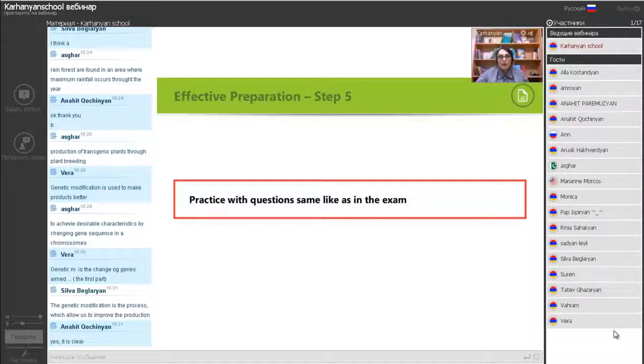So my recommendation is to use books like the Official Guide, which is organized by the ETS, and also you can use Cambridge, Kaplan. They are also effective. But Barron's, I can say, is a bit difficult to use.